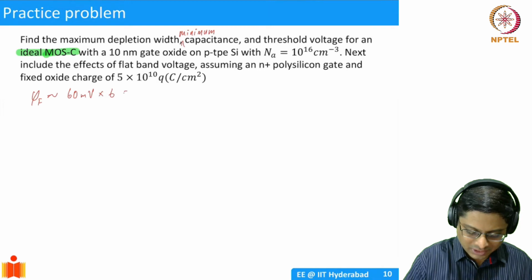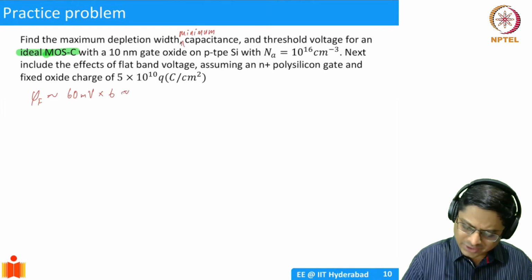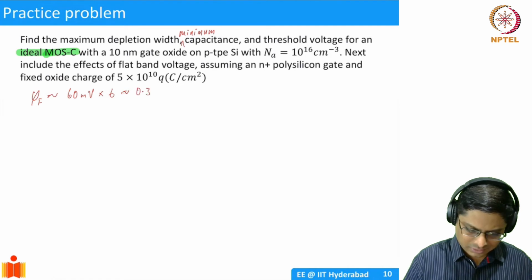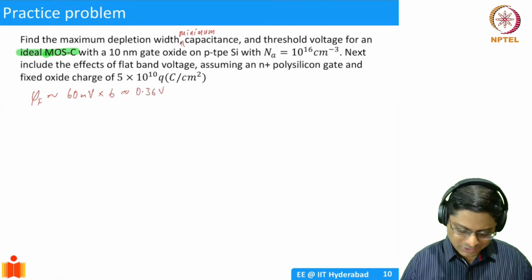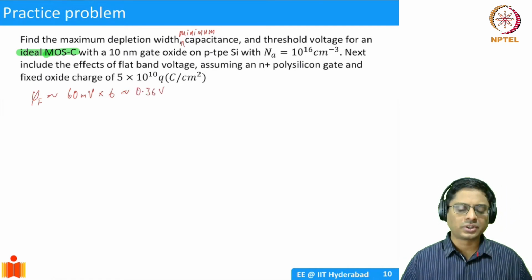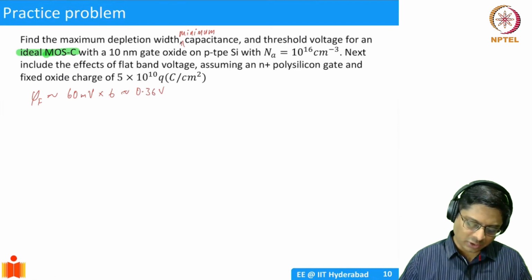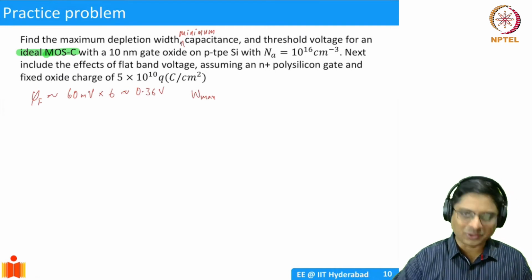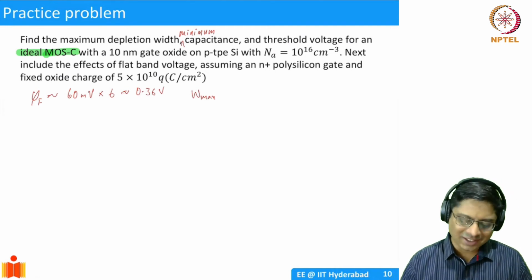So that will be approximately equal to 0.6, is it? Sorry, 0.36 volts. Okay, so please do the exact calculations yourself. Once I know phi f, I know my maximum depletion width. So this problem is nice in a way that you just follow the sequence of parameters they are asking and you will get them.